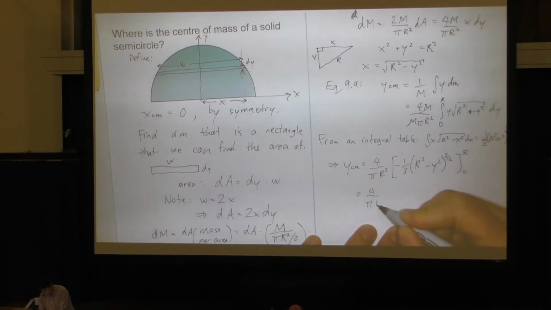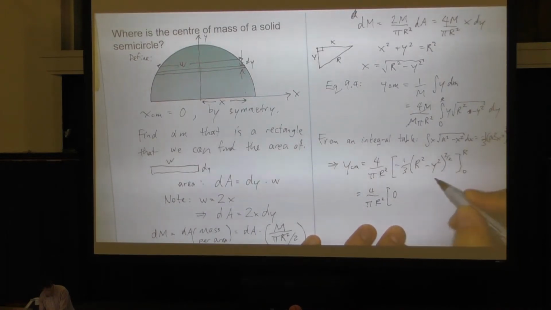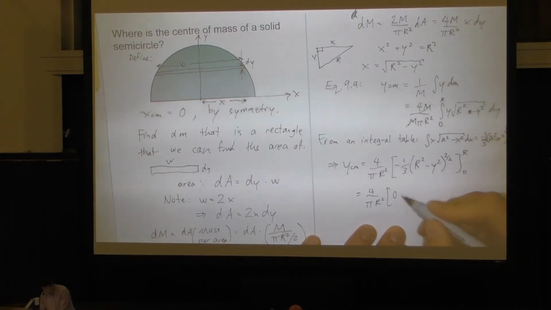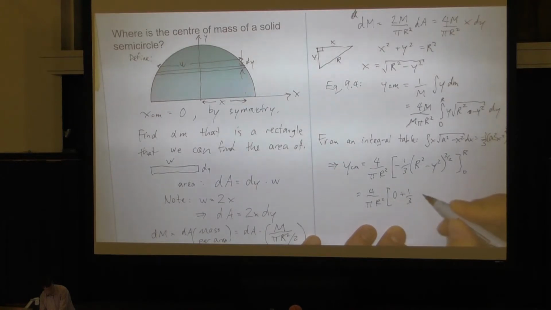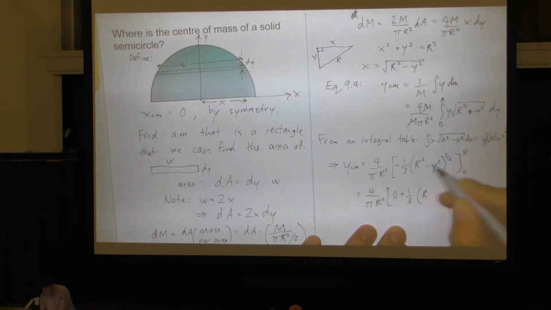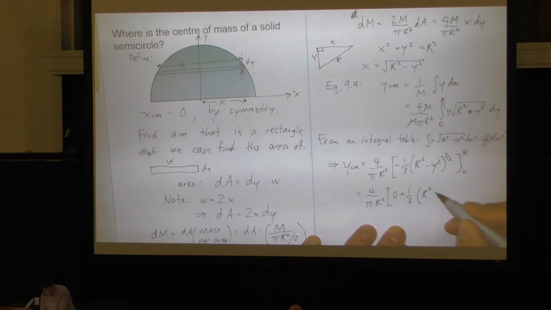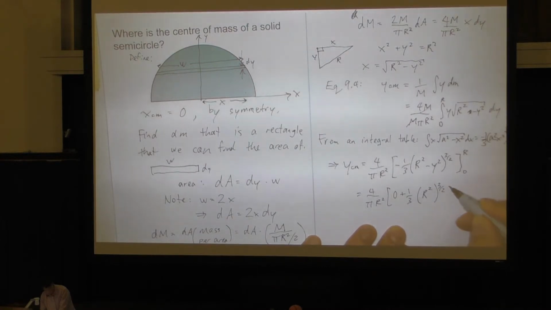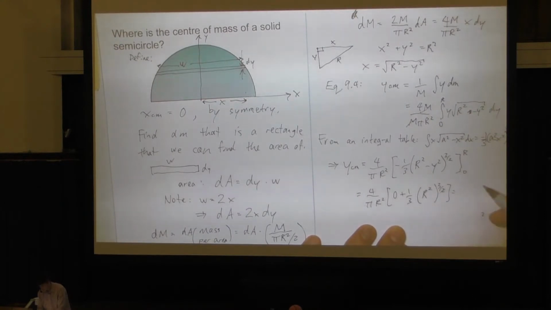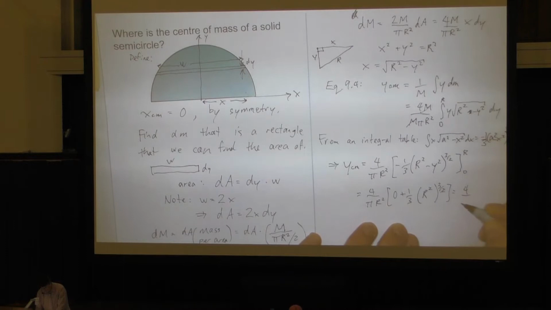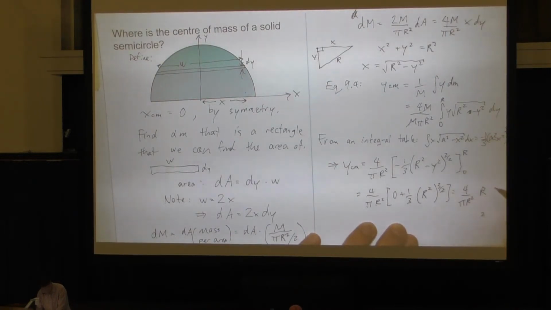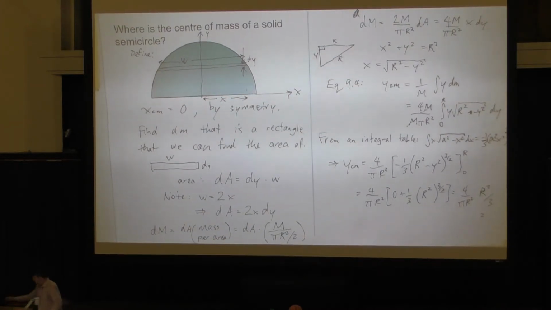So it's just 0. And then we're going to minus the minus, so it's going to be plus a third of r squared when we plug in 0 for y to the 3/2. And this 2 cancels this 2, and you end up with 4 over pi r squared times r squared over 3.